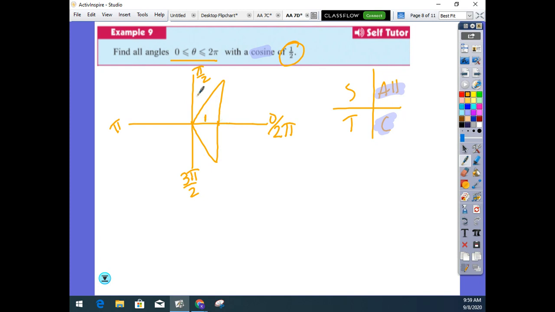Cosine is x, 1, 2, square root of 3. And so this creates the two different triangles here. So what angle is across from square root of 3? That's our 60. Now, you have to be careful because our domain is in 2 pi in radians. 60 degrees is pi over 3.